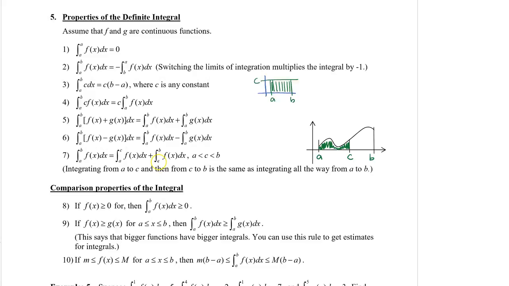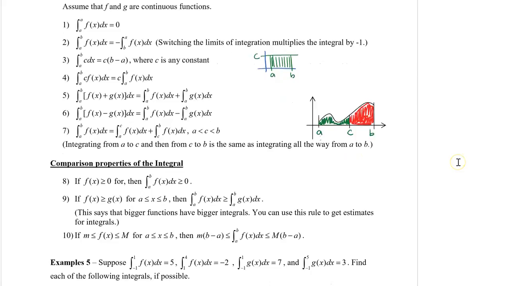And then I'm going to integrate from c to b. That would be this other part of the graph over here, which I'm going to color in red. So if I add these two together, the green part that's shaded and the red part that's shaded, that is the same as integrating from a all the way to b.